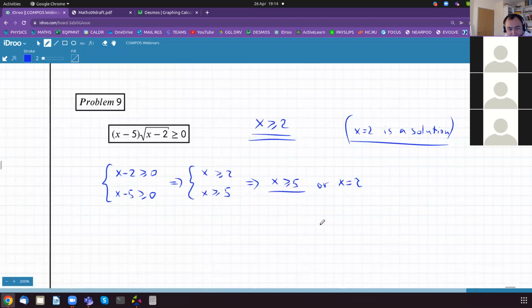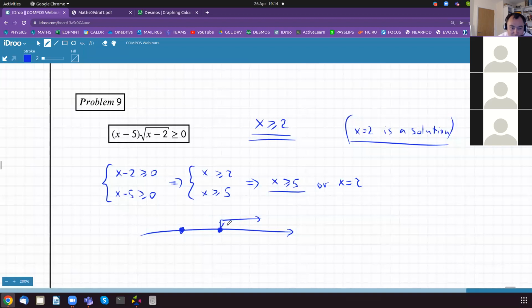I hope that makes sense. Does it make sense? How much sense does it make, guys, on a scale of 0 to 10, please? So if you draw this, you will see that it is either 2 or anything above 5.